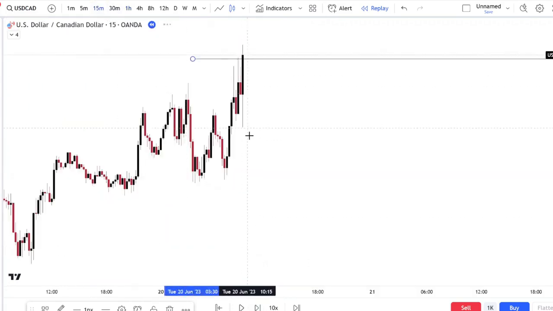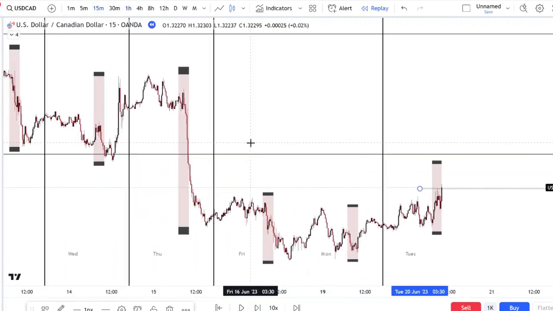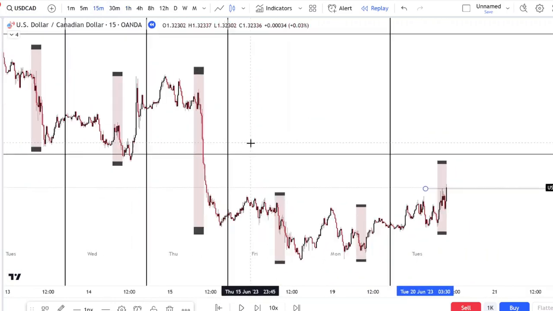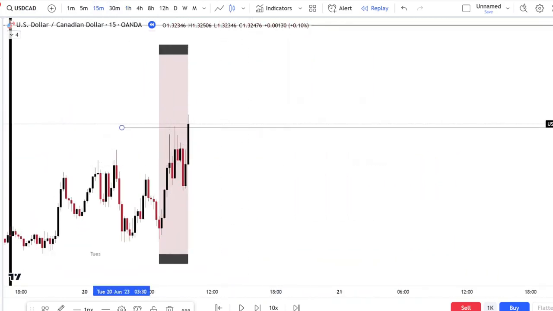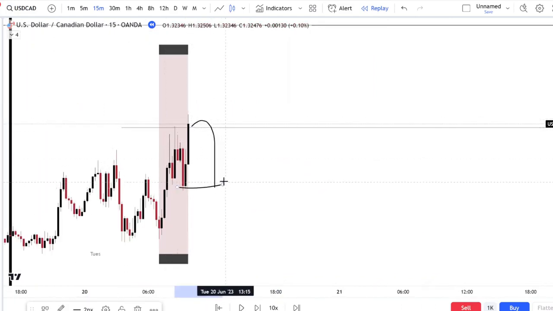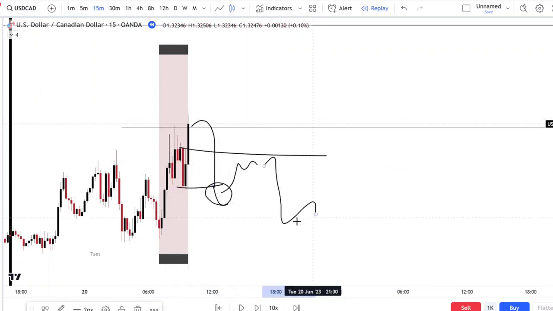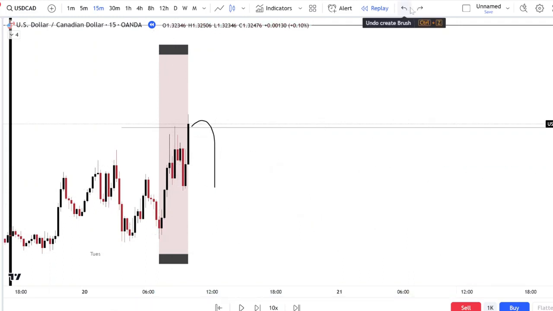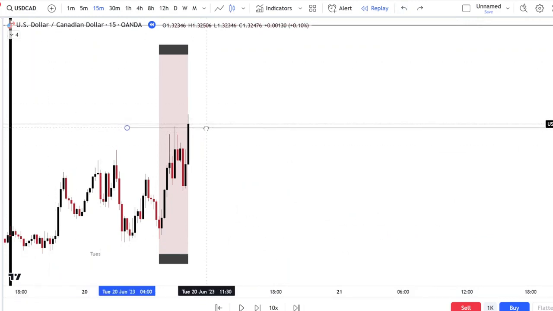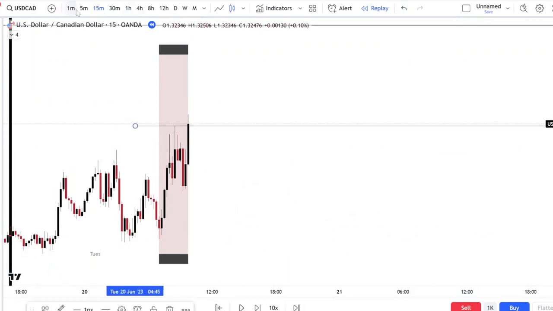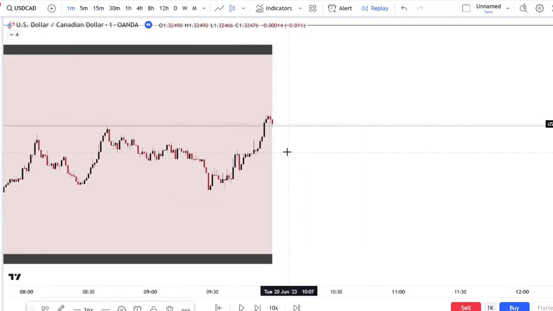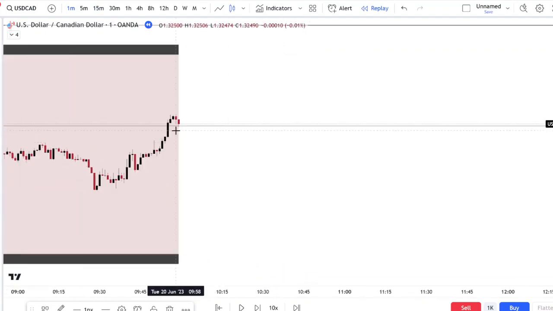What do we have? Okay, so we're currently at our high of the day. Let's go to our lower time frames. And what are we looking for? We are looking for a stop hunt.